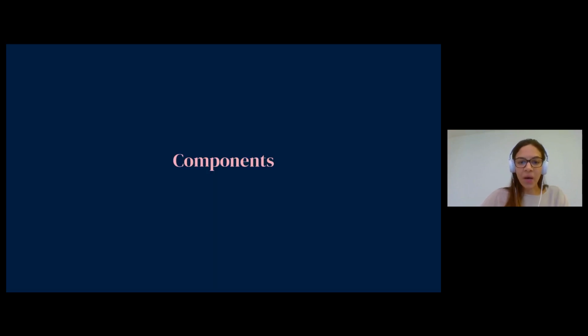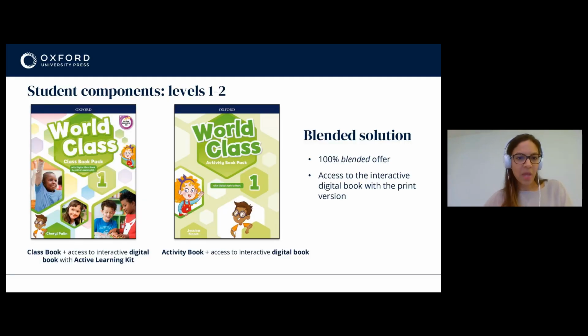Let's have a look now at the components for students and then for our teachers. The students' components for levels 1 and 2, they will have the class book and the access to the interactive digital class book. And this will give them access to the active learning kit. I'll show you in a second.